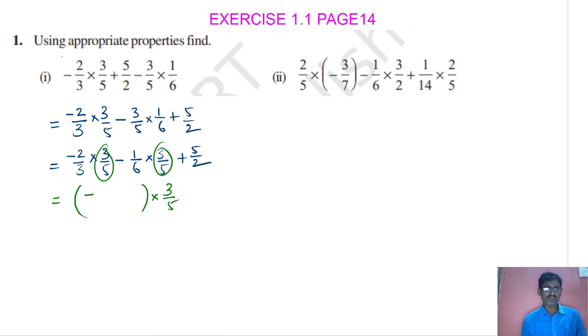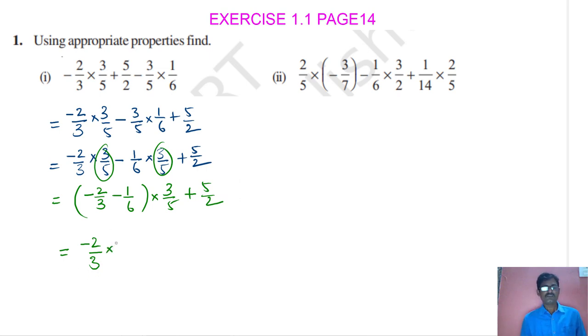Now the remaining values are negative 2 by 3 minus 1 by 6, then plus 5 by 2. So this is equal to, within the brackets let us simplify those values. Negative 2 by 3. In the second term we have 6 in the denominator. So let us make the denominators equal.